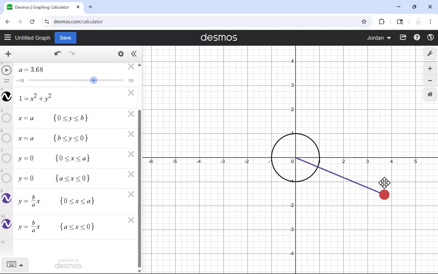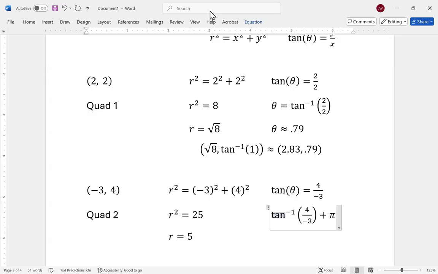I tend to add pi so that I can keep the positive r value. So hopefully that makes sense. In order to get into quadrant 2, we need to add pi to our inverse tangent.